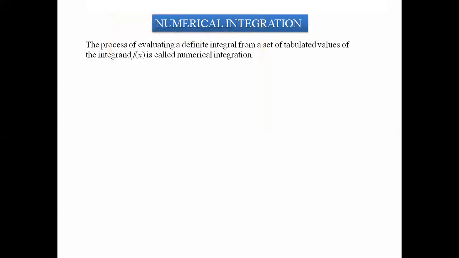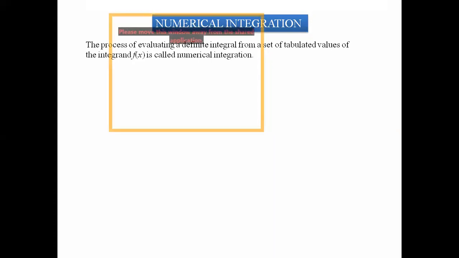The meaning is finding the area under a curve between 2 ordinates x is equal to a and x is equal to b. So to integrate or to find the area numerically, what we do is divide that area into small rectangles. By taking h small and smaller, we divide it into equal rectangles. Then we find the area of each rectangle and add them.